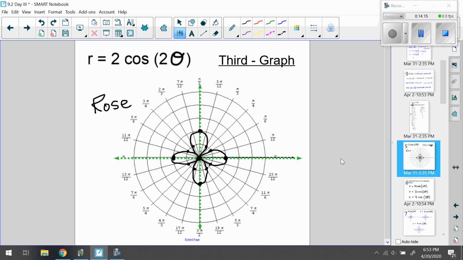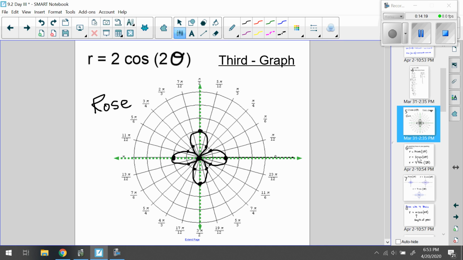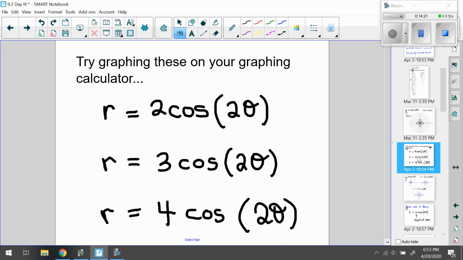And so if you have your graphing calculator, I would encourage you to get that out now. And I'm going to prompt you to try a few things on your graph. And so I would encourage you to maybe try all 3 of these in succession. So go ahead and try to graph the one that we just did by hand and see if you get a matching answer.